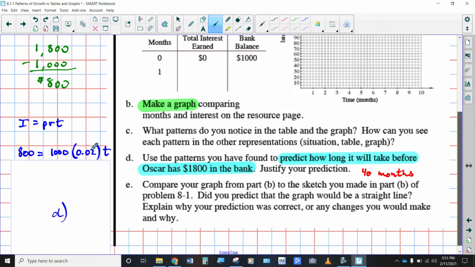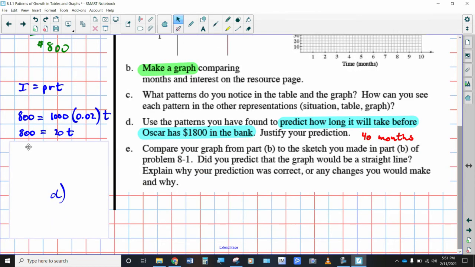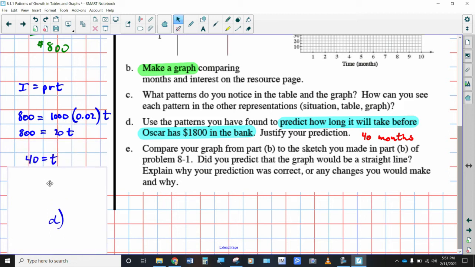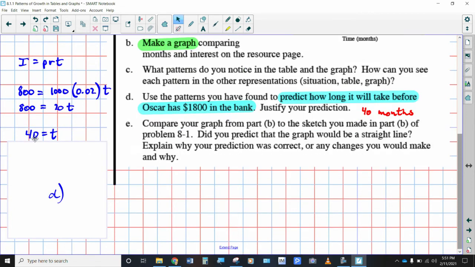We know the interest rate was 2%, in decimal form 0.02. So we need to figure out the time. Remember, we could write this as 800 is equal to 20t, because the principal times the interest rate gives you $20 per month. The last step, divide each side by 20, and you get 40. So t, the number of months, is 40.